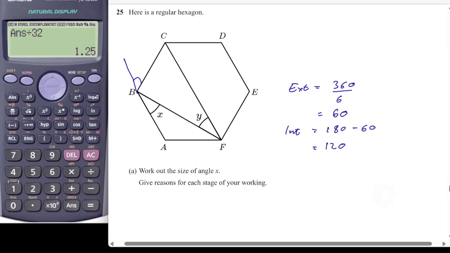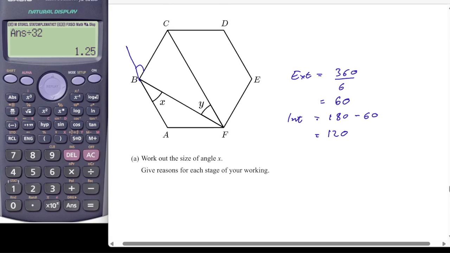I've not really given myself enough room to state this. So exterior angle is 360 divided by the number of sides or number of angles. Either is fine.